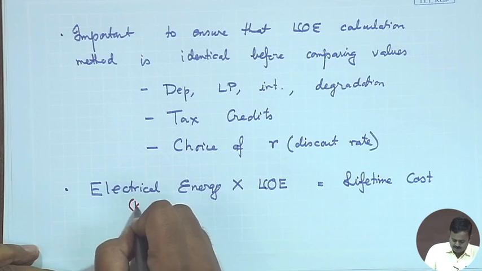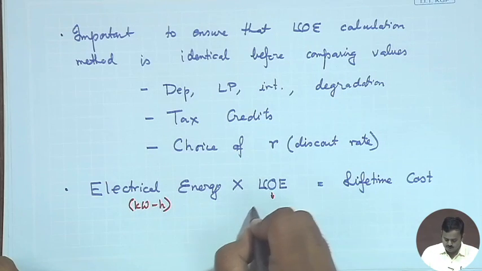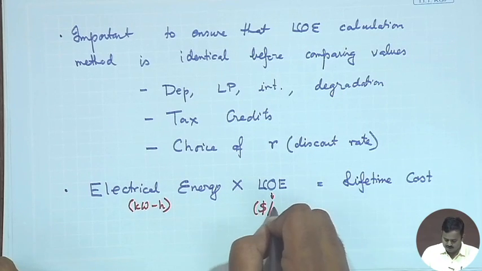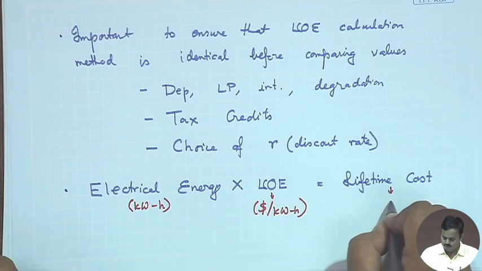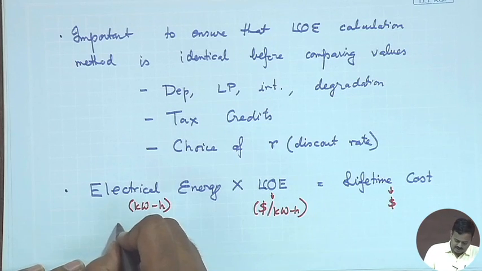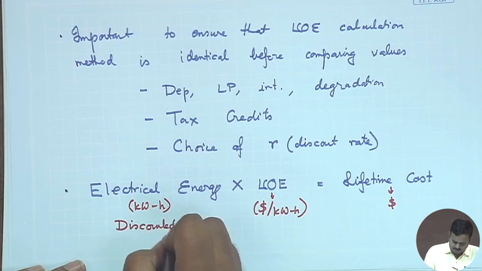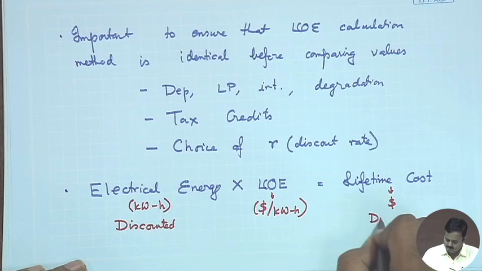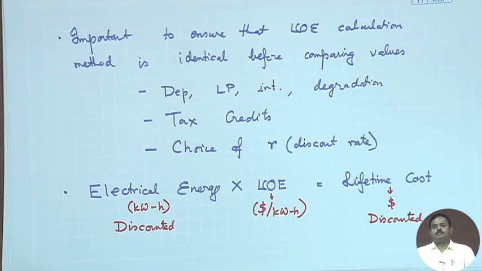This is going to be in kilowatt hour or megawatt hour. This is going to be dollars per kilowatt hour, and this is going to be dollar, right. Again, keep in mind this is discounted, this is also discounted. Clear?